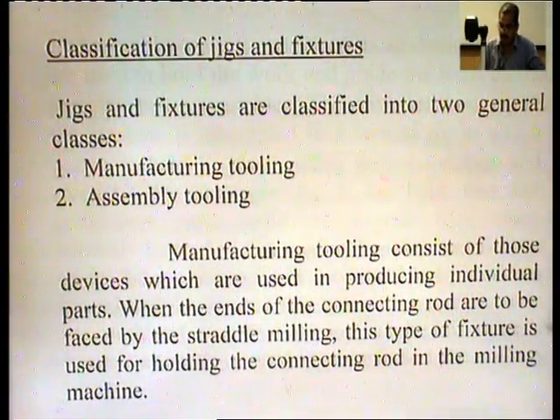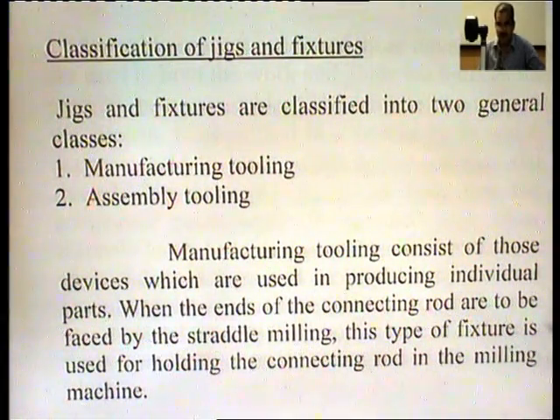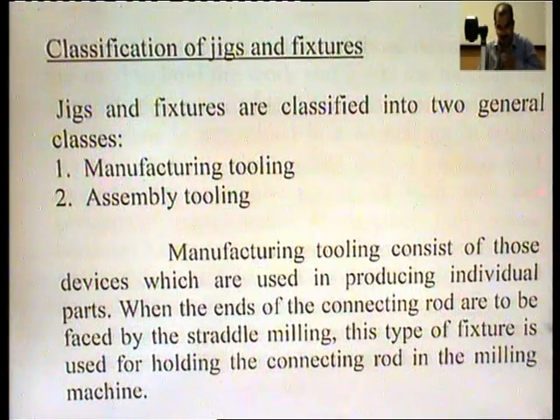Now, if we classify the jigs and fixtures, broadly speaking, they are classified in 2 general categories. Number 1, manufacturing tooling, and secondly, assembly tooling.